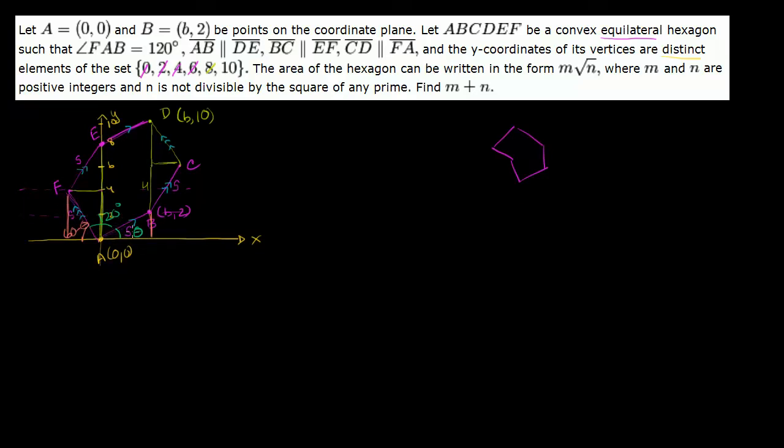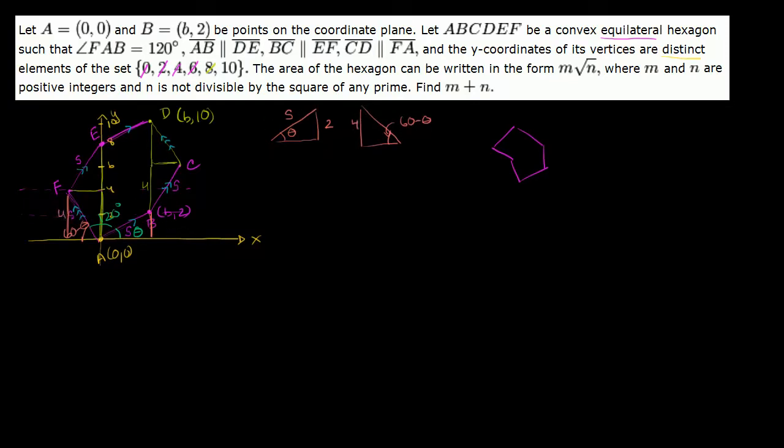Let me draw them. So this right triangle right over here, I could draw it like this. So I have S, I have theta, and I have 2. This right triangle looks like this. This angle is 60 minus theta, and this height over here is 4.